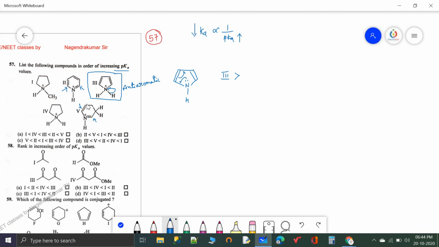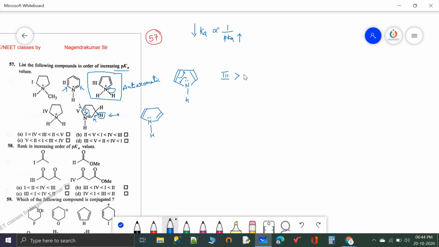But when you compare these two molecules, this hydrogen is more acidic than the hydrogen present in this molecule. Why? Because it participates in the conjugation, so these electrons will be shifted. So the molecule becomes like this. So it gets its basic nature back.